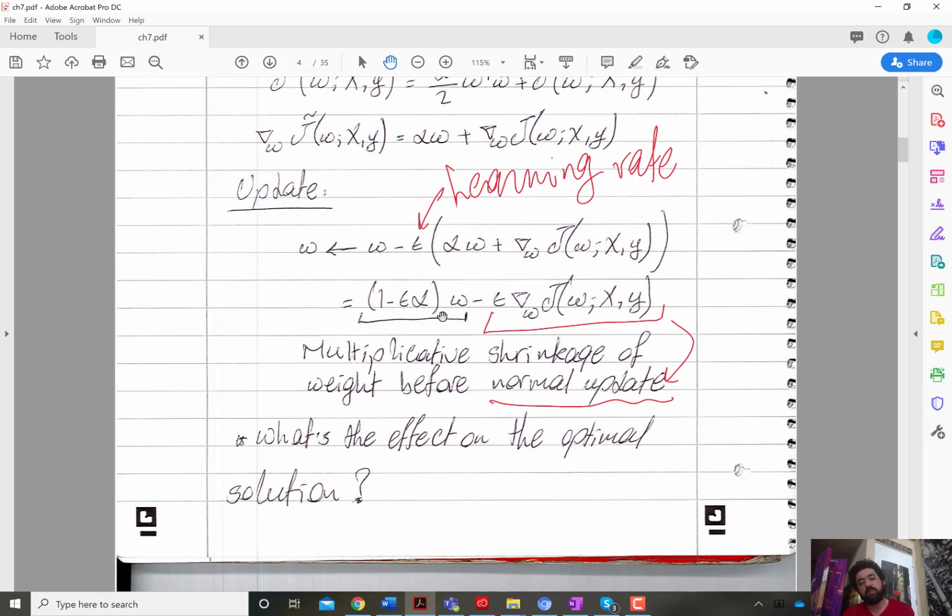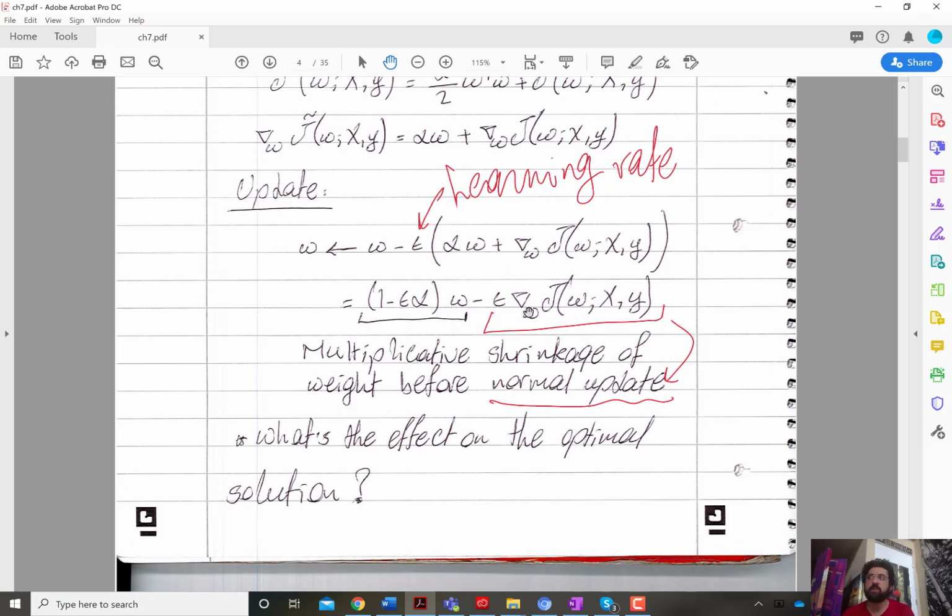So in effect, this is what L2 regularization is doing. It shrinks the weight by a factor of epsilon alpha, where epsilon is the learning rate and alpha is the regularization coefficient, before carrying out the normal parameter update. The larger the value of epsilon alpha, the more aggressive this shrinkage is before the update. But it's really alpha that controls how aggressive the regularization is, because even though epsilon contributes to the shrinkage, epsilon also contributes to the update.